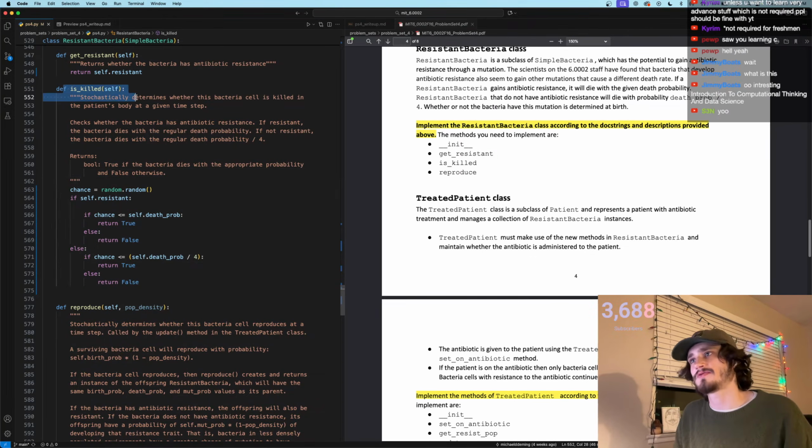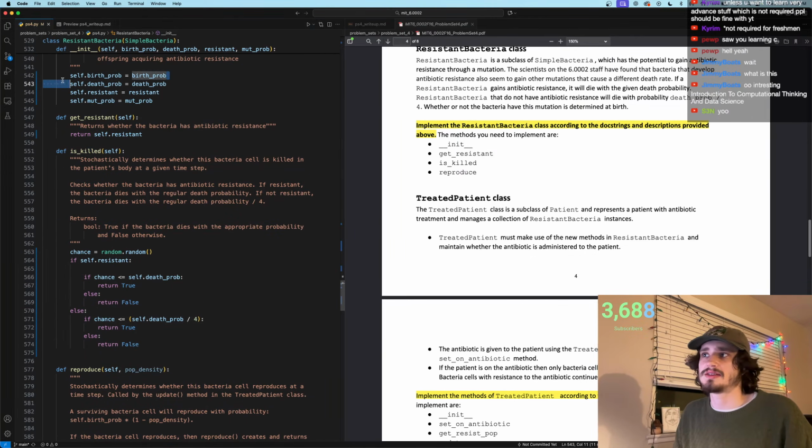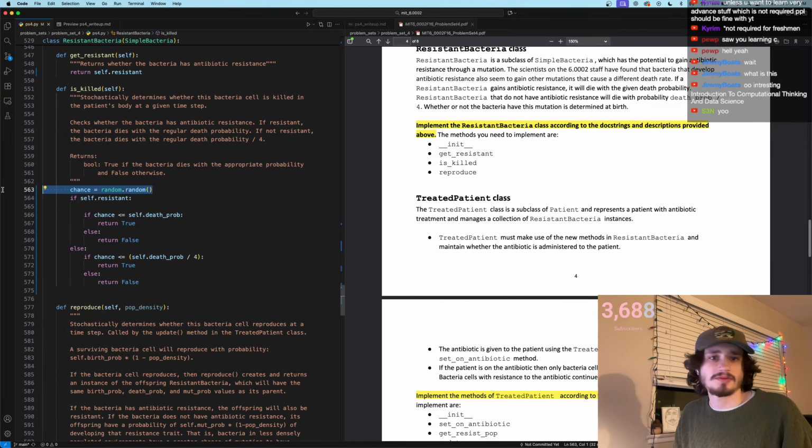So if we call this function on the bacteria and it has a 0.8 death probability, then if we roll a random number between 0 and 1 and it lands within 80%, then it will die, right? You have an 80% success rate of death for this. Now, if you aren't resistant, you divide it by 4.